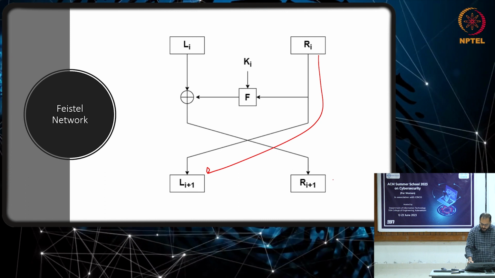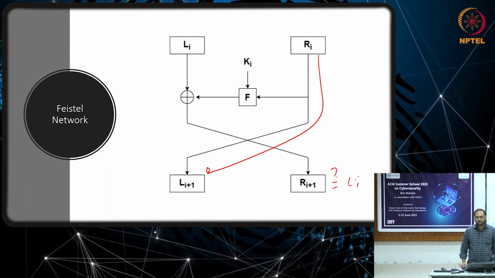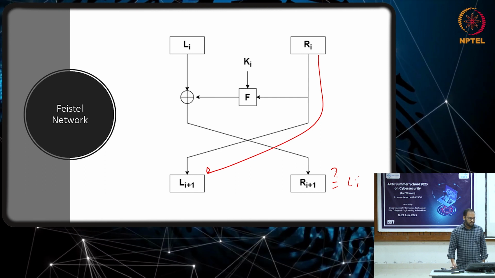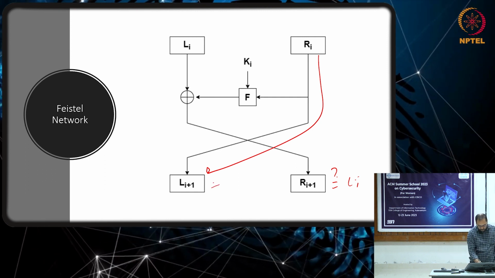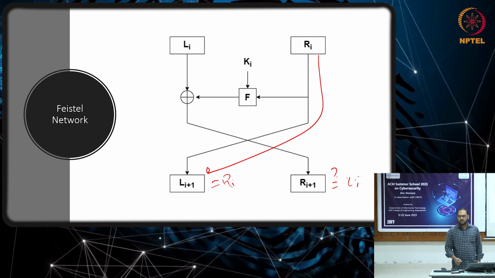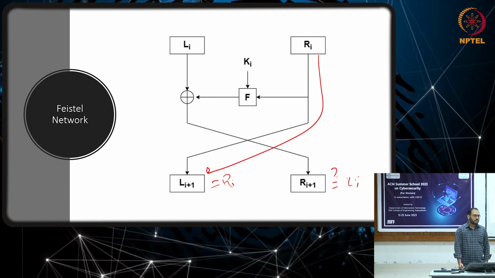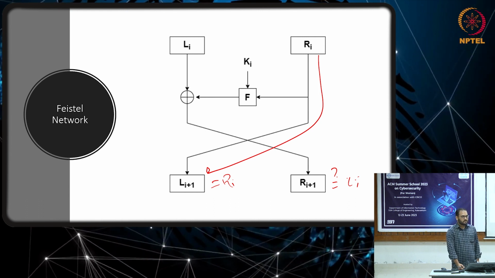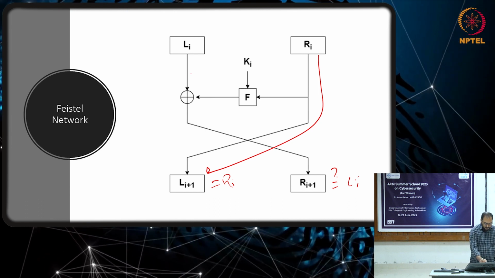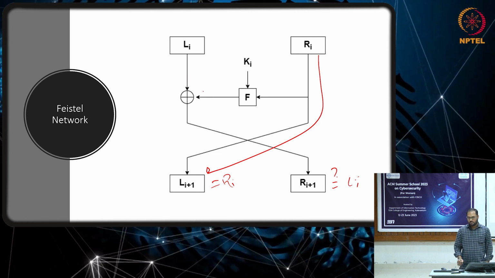Am I getting the Li value here? Is it equal to Li? This one is equal to Ri, right? Can you tell me if R(i+1) is equal to Li or not? Here Li is coming and it's getting XORed with something.